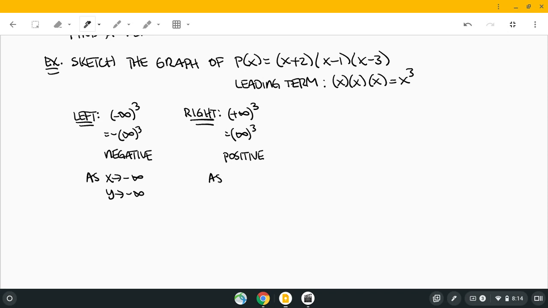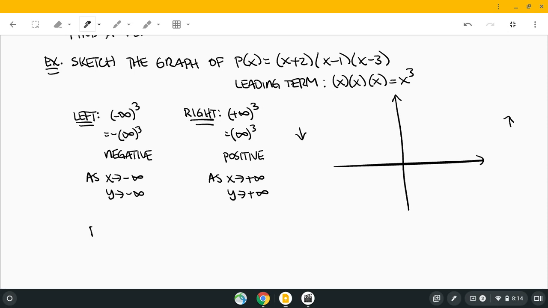So as x goes towards the right, our y values go up. So far, what do I know? I know on the left side, it will be going down, and on the right side, it will be going up. All right, let's get our real zeros.